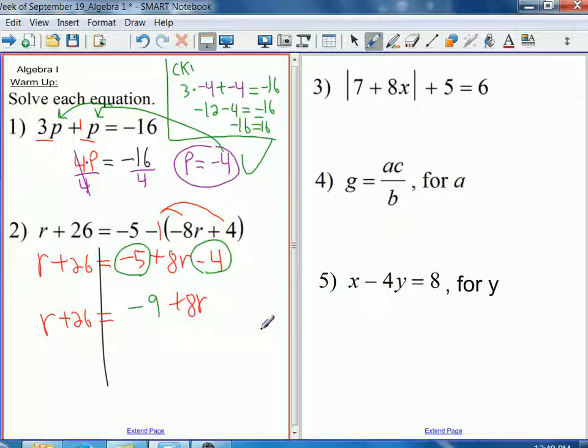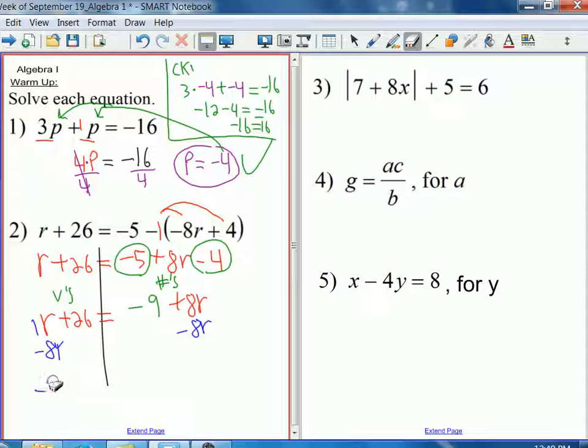Now you want to separate the constants from the variables. Sometimes I say it's separating the ducks from the chickens. So we want all the variables over here, and all the regular plain numbers over here. So what we're going to do is subtract the 8r to get the variable over here. We know this is 1r minus 8r, which is going to be negative 7r. Oops, I had a little mistake there.